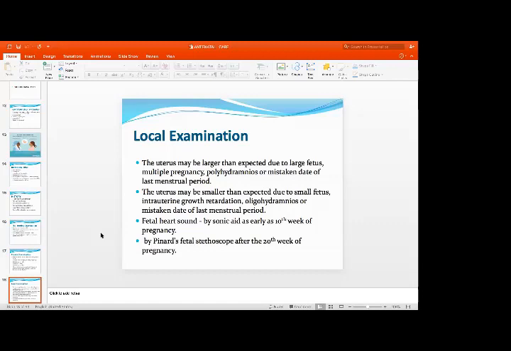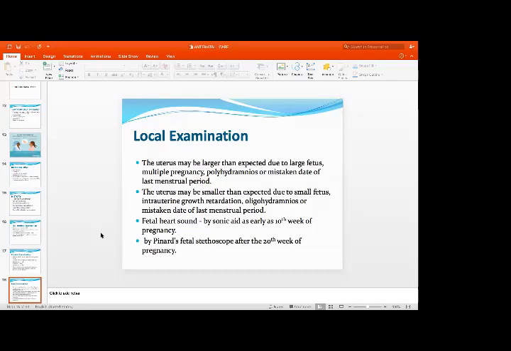It may also be larger with polyhydramnios, or if she is mistaken about dates, if she has forgotten the date of her last menstrual period, then the uterus may be larger or smaller. The uterus may be smaller than expected due to a small fetus, intrauterine growth restriction, if the liquor is less, oligohydramnios, or if again she is mistaken about dates.